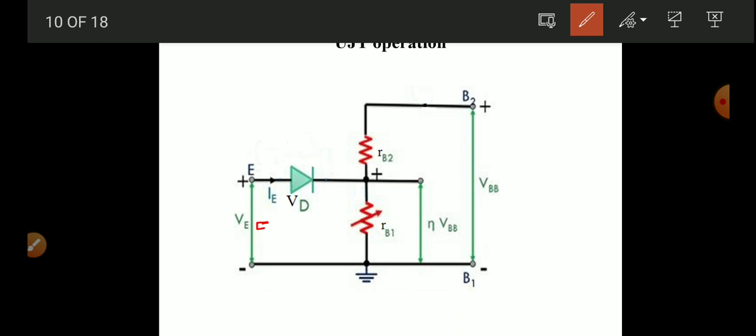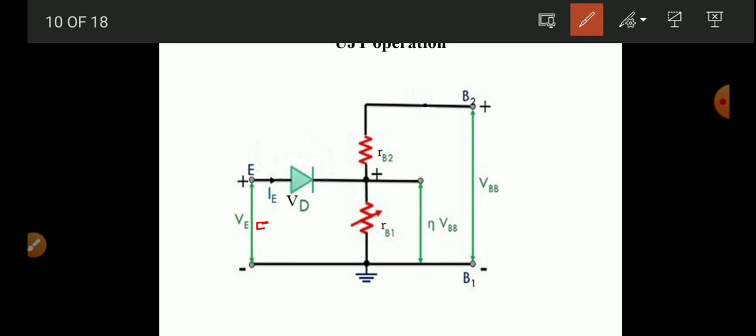When we give the supply voltages, the voltage across RB1 is eta VBB, as we derived for the intrinsic standoff voltage. So the voltage across RB1 is eta VBB.